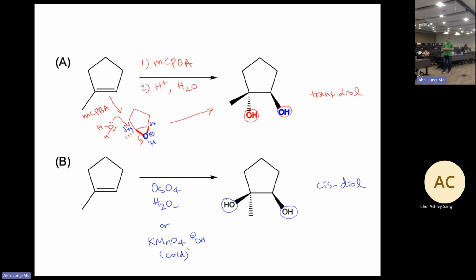And the hydration reactions, either oxymercuration-demercuration, or hydroboration. So not all reactions are paired up. In this case, trans diol: epoxidation and opening in acidic water, or cis diol: permanganate or osmium tetroxide. So that's something that we discussed so far.